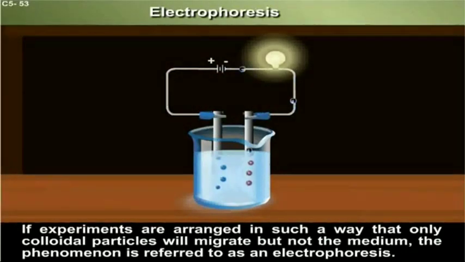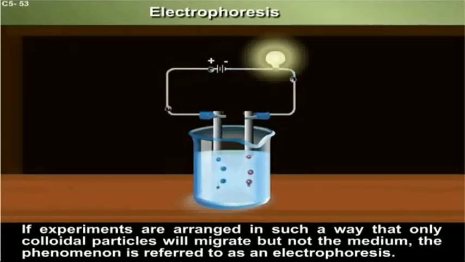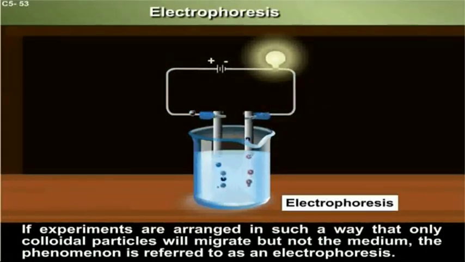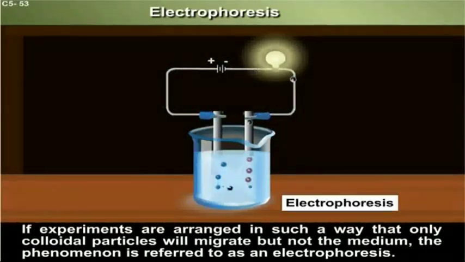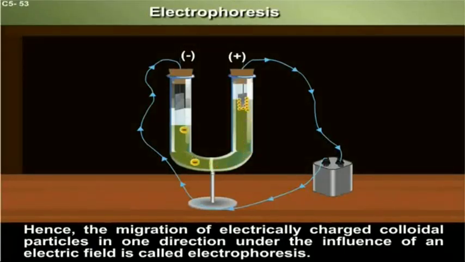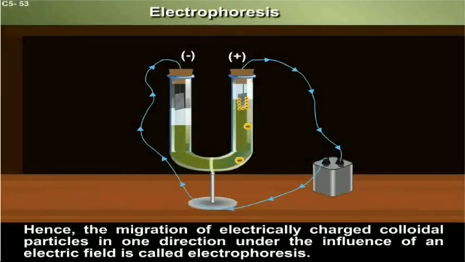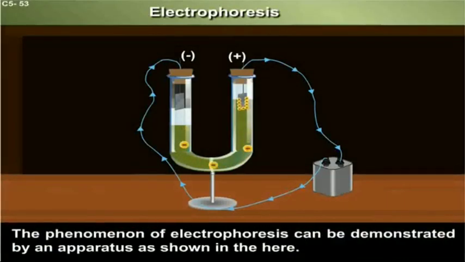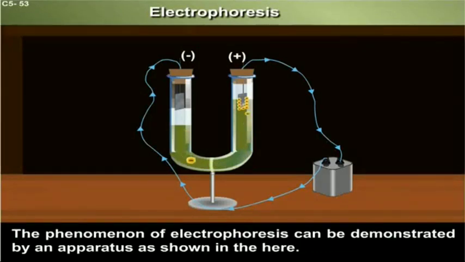If experiments are arranged in such a way that only colloidal particles migrate, but not the medium, the phenomenon is referred to as electrophoresis. Hence, the migration of electrically charged colloidal particles in one direction under the influence of an electric field is called electrophoresis.